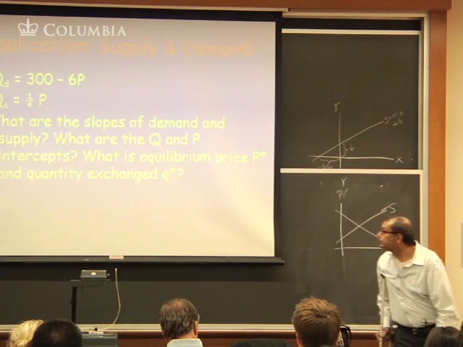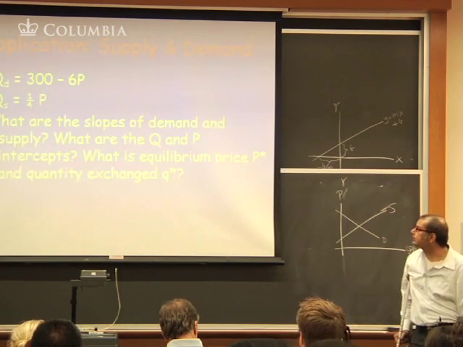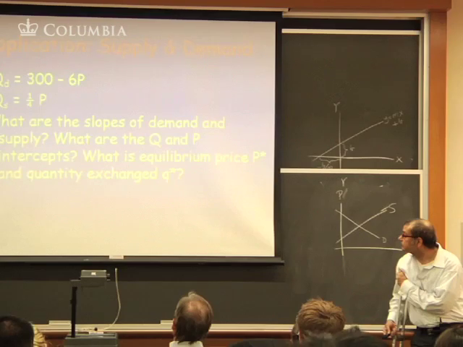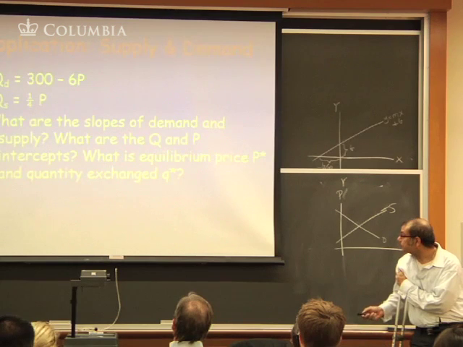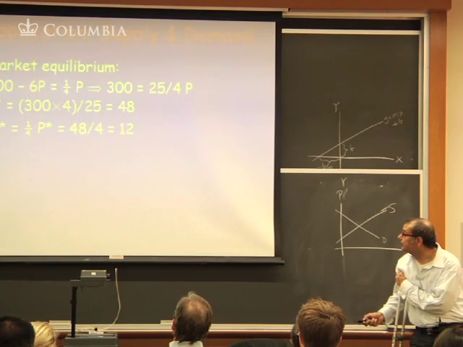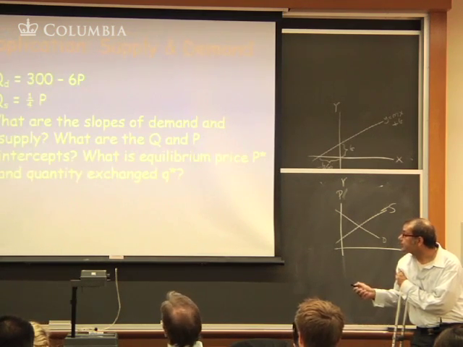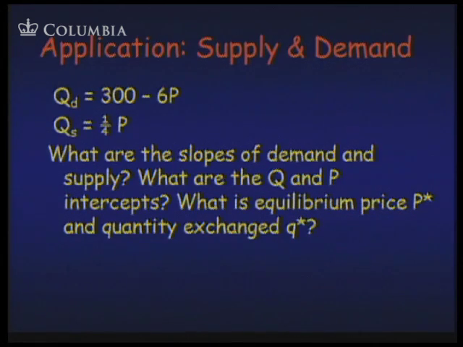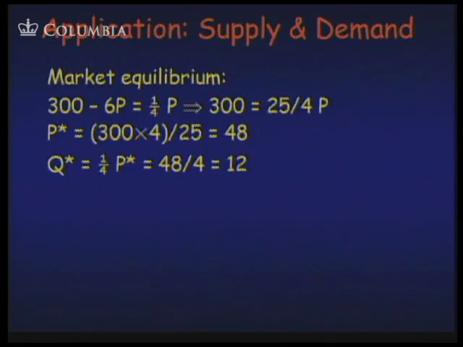When you try to solve this, you won't have to worry about that. You won't have to worry about the geometric intuition. You simply carry out the process of substitution which we talked about earlier. So suppose that we have this demand function and this supply function, and we want to find the point of equilibrium.